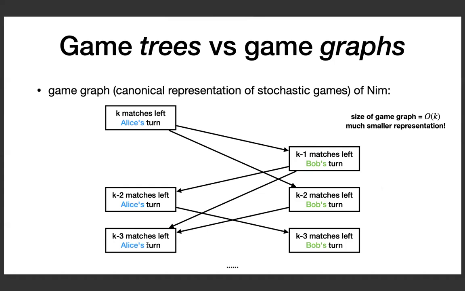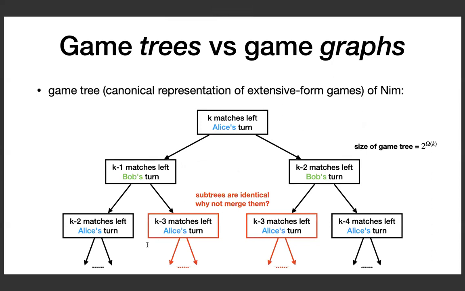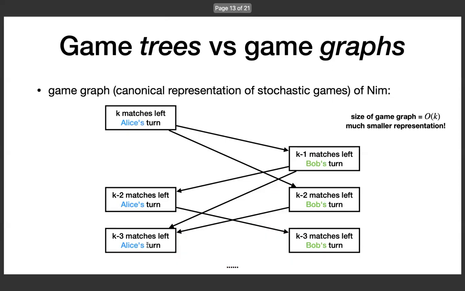One important quantity that we really care about here is the size of the representation of the game. In the game tree, the size of the representation, or number of nodes, is exponential in k, the initial number of matches. But in the game graph, the size of the game is linear in k, and that is much smaller.